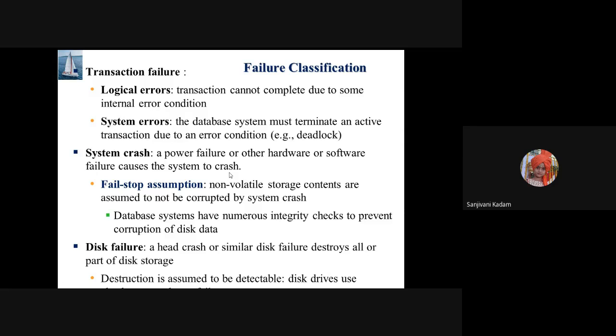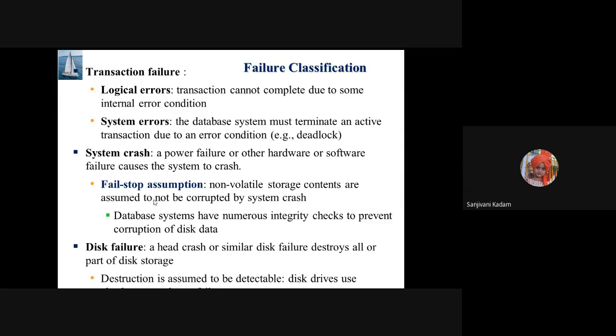For example, right now I have 1000 in my account and I'm trying to withdraw 1500. It means whatever transaction I'm executing is false, and whatever statements I have written are causing an internal error. So wherever any logical problem is there, because of which the system cannot continue with the transaction, such logical errors can be a first reason for a transaction failure.